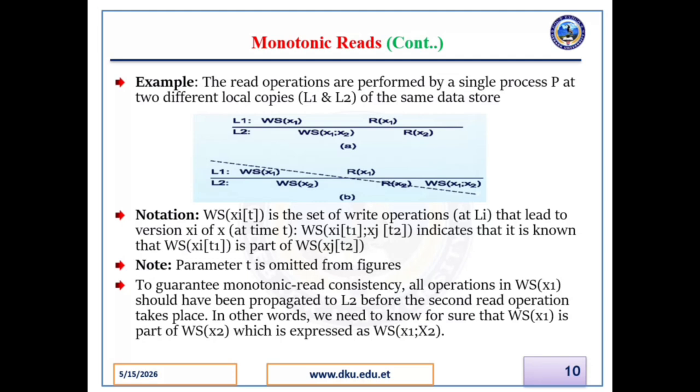We can read or express this as the write set of x1 semicolon x2. That means the write set of x1 is part of the write set of x2. This is how we express it. As a result, as you observe from the images, some operations are omitted from picture B.